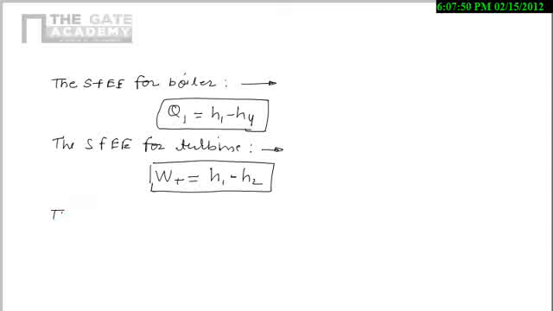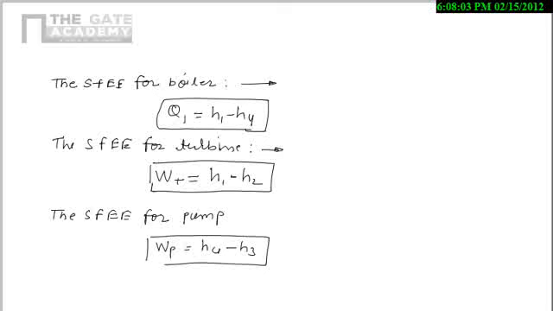Similarly, now we will apply the steady flow energy equation for the pump. So here we will get Wp equals H4 minus H3. So in that process, we have to consider the enthalpy at each and every step.